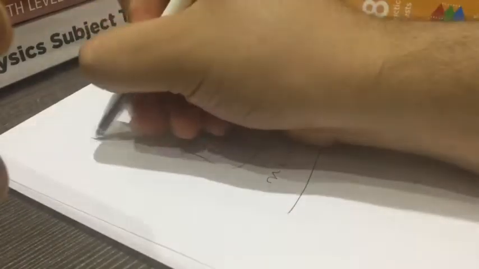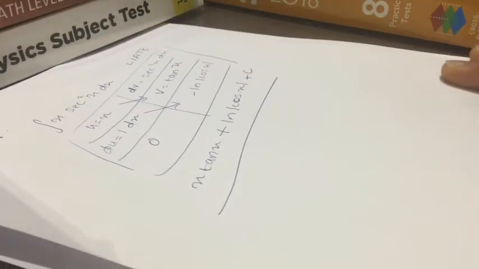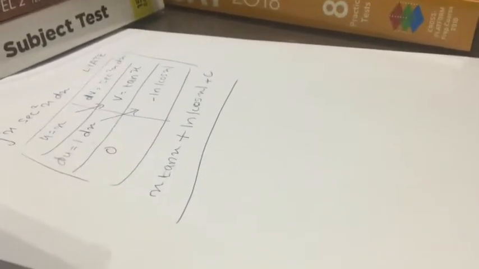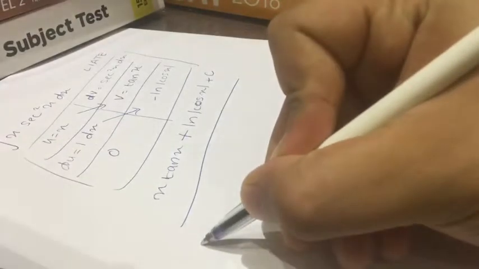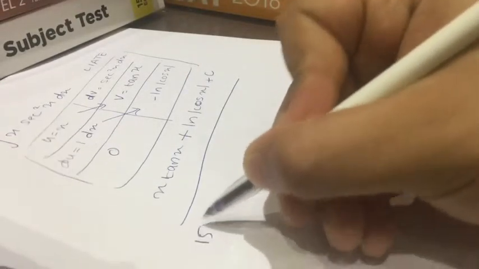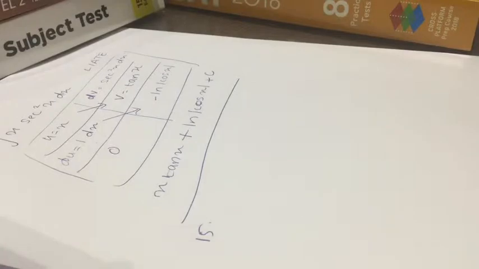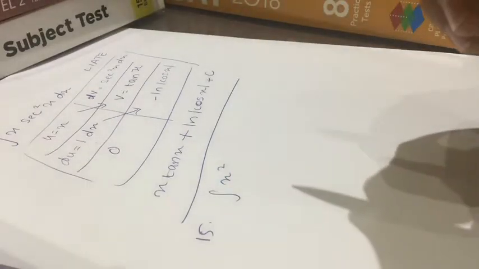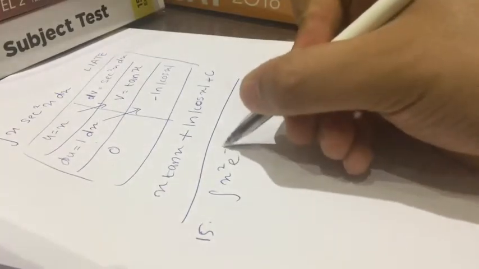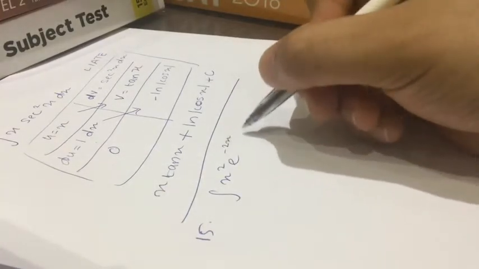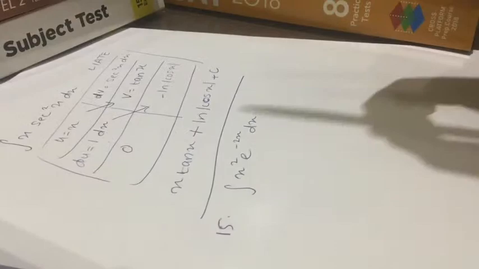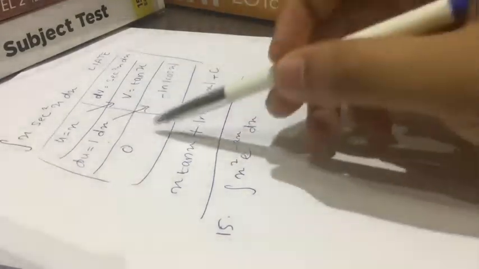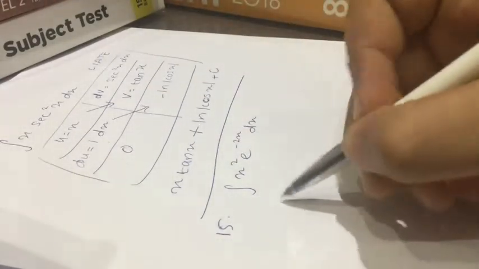So question 11. Now question 15 has this integral, x squared e to the power of negative 2x times dx. Now we will use the same way as we used for the previous example.